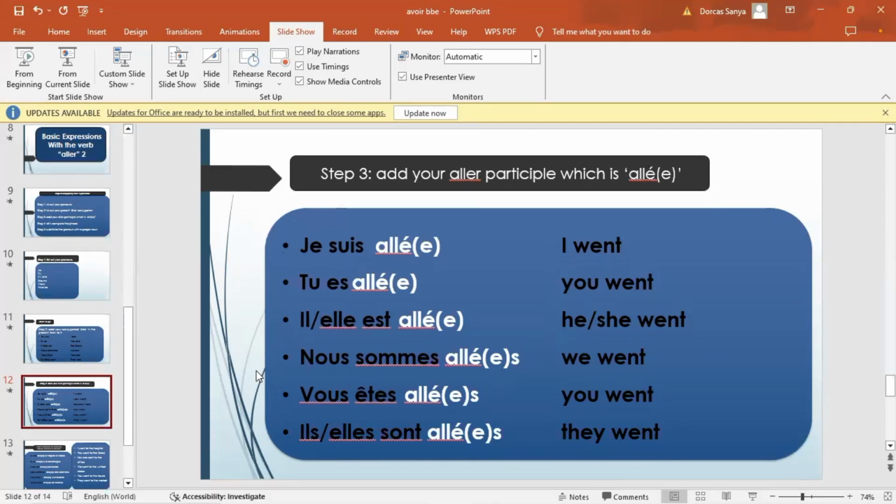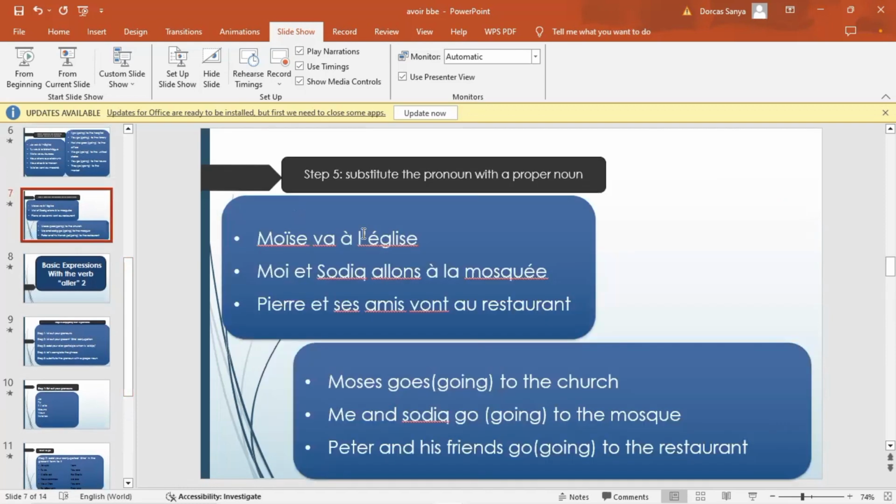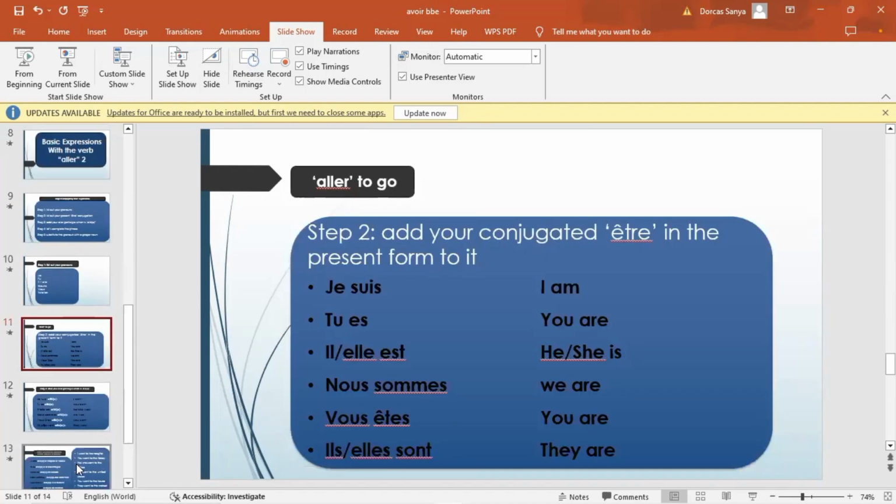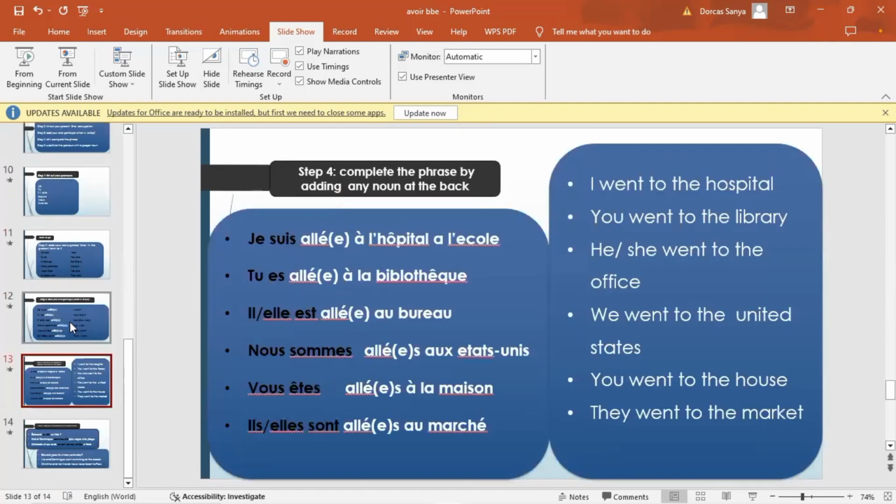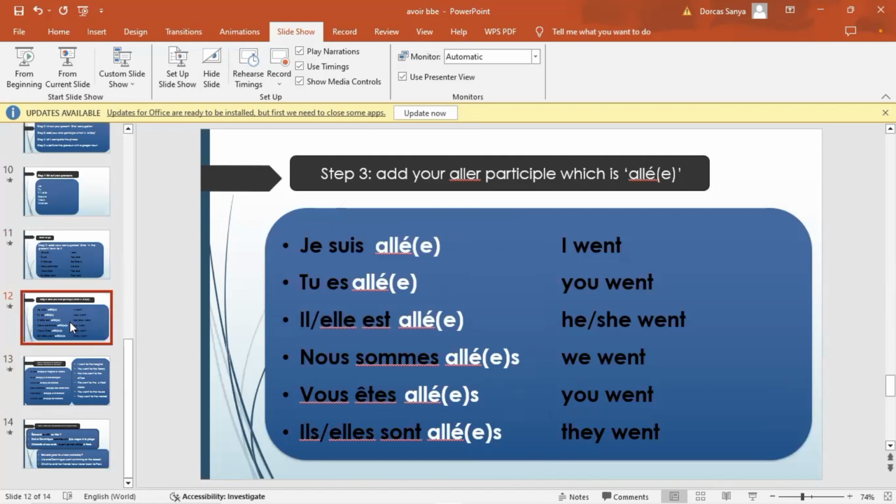Please, what is church in French? Église. Yes. We used it yesterday. Can I say à l'église? Of course. Okay. Je suis allé à l'église. Oui, perfect.